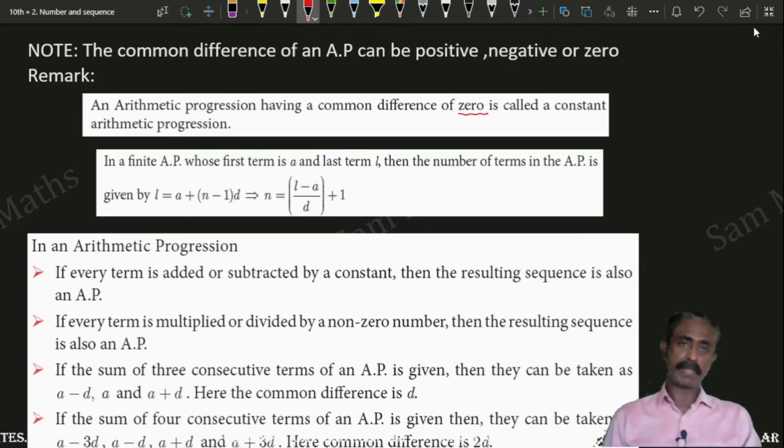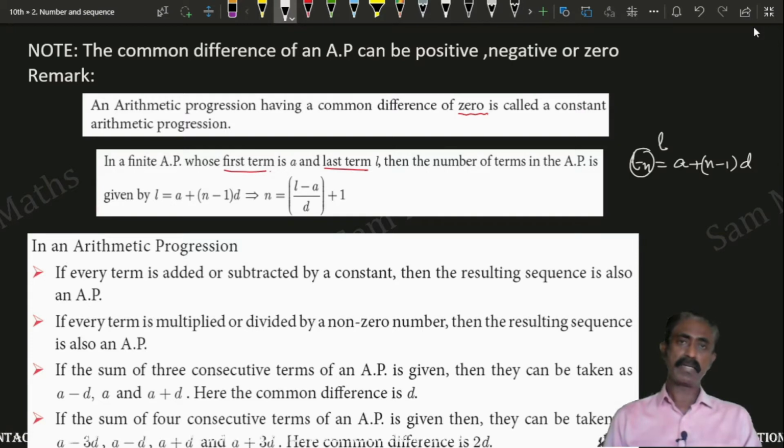In a finite AP, whose first term is A and last term is L, the number of terms in the AP is obtained from L equal to A plus n minus 1 into D. This we obtain from the formula Tn is equal to A plus n minus 1 into D. Here instead of the nth term, we are taking the last term L. From this, we can obtain the value of n, that is given by n is equal to L minus A by D plus 1.